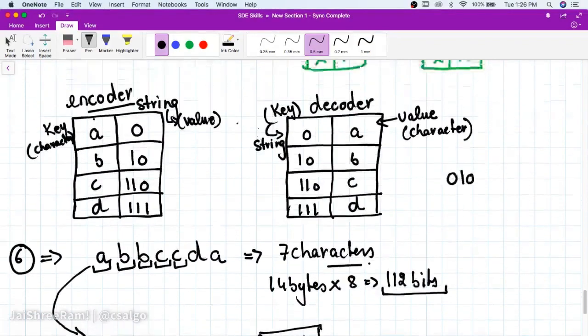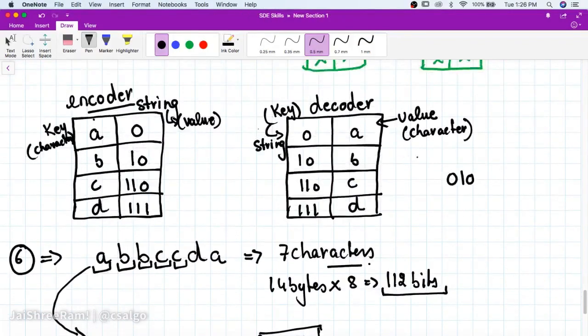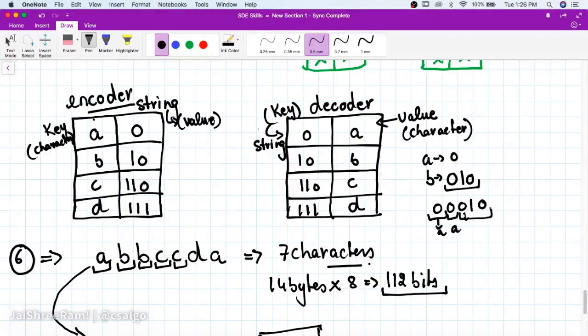If the value for A was 0 and for B was 010, then it would have been very difficult to identify what we are talking about, whether this is A and then something else, or this is B. It would have created a lot of confusion and the concept would have gone wrong.